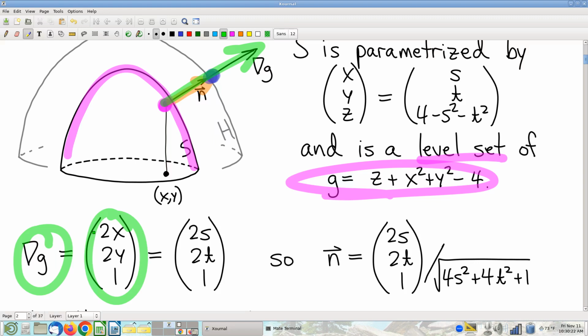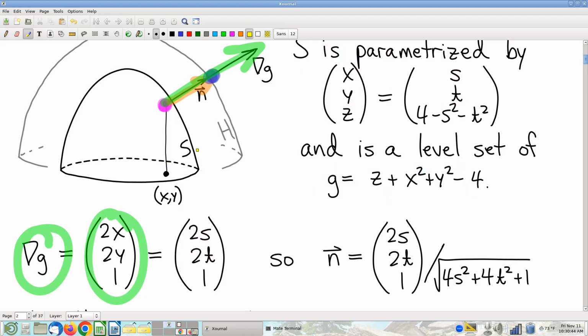Okay, now real quick, don't forget we've already agreed that from our purple parameterization x and y are going to be s and t, and so that turns that into that. Okay. All right. The only little tweak I've got to do to this now, looking at the picture, is that I don't actually want the gradient itself. The gradient is just a means to an end. It's a way of identifying the direction perpendicular to the surface.